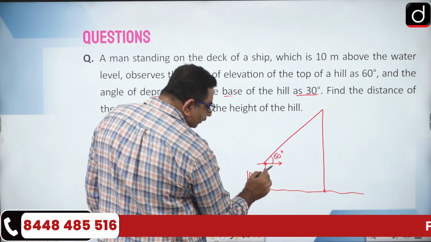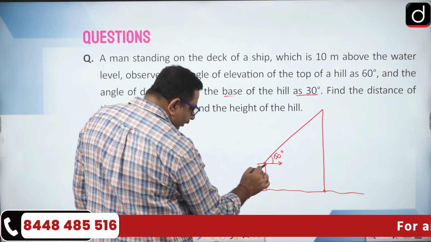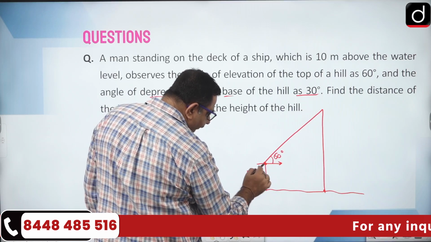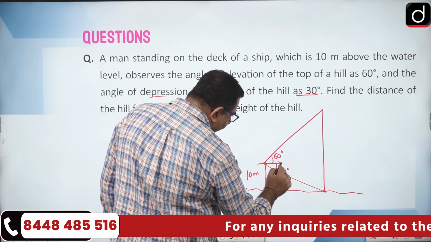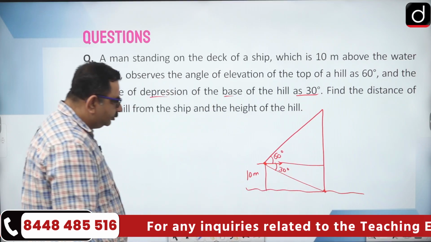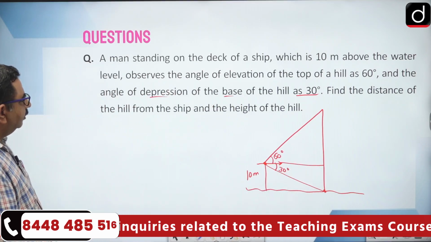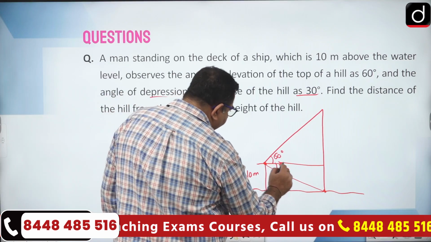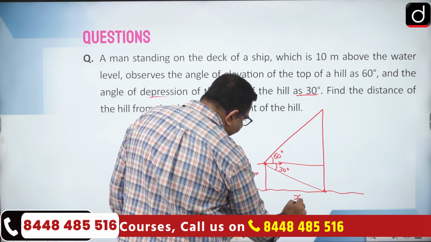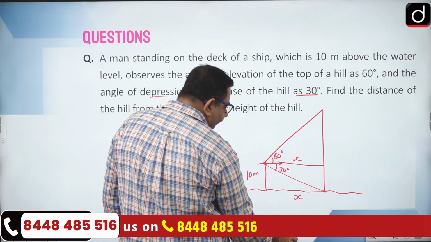So the angle of depression is also considered from the horizontal, right? The line of sight will dip. So that angle is 30 degrees, right? Find the distance of the hill from the ship. So suppose this distance is x, so this also would be x.